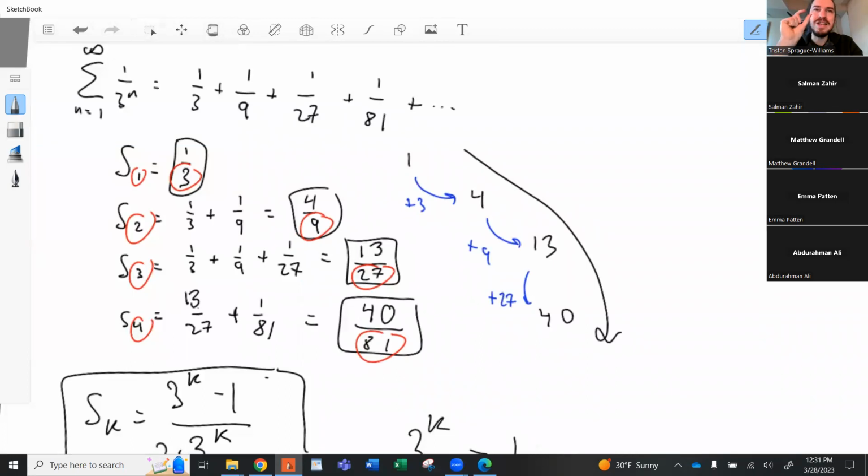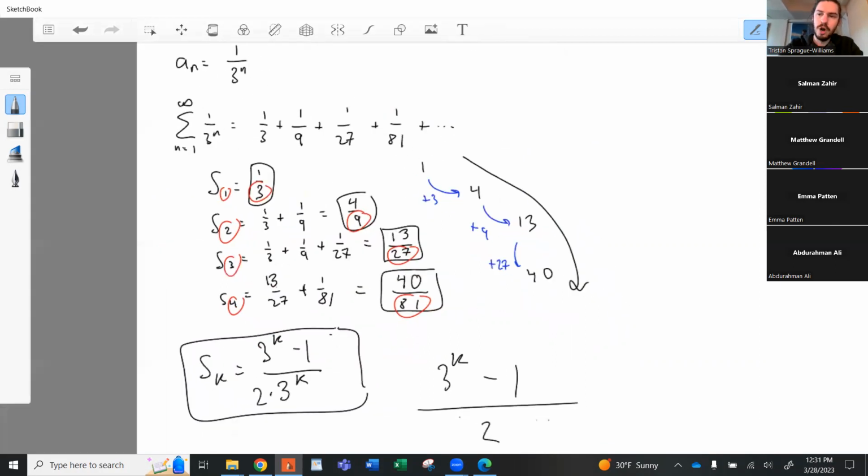And so if you look at the differences between the numbers, if there's a pattern in the differences, then we can work backwards from that to figure out the pattern in the original numbers. So we can see that the differences between these numbers are powers of 3. 3 squared, 3 cubed.